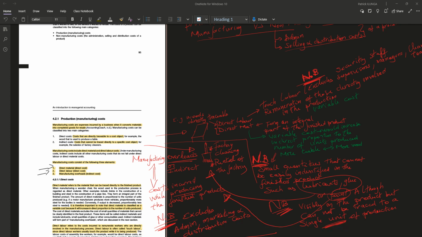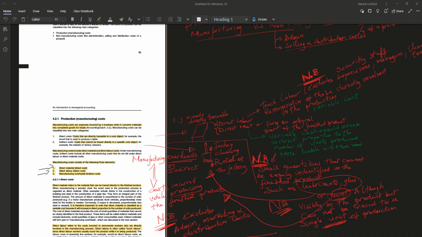So, any cost that is indirectly related to the cost object or indirectly traceable to the cost object is what we understand as overhead, the manufacturing overhead. Still under the same umbrella of manufacturing costs.